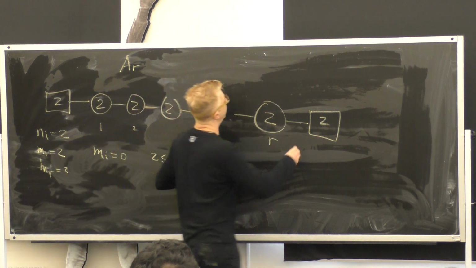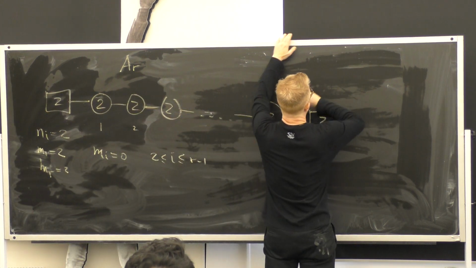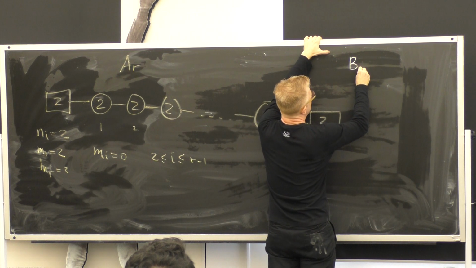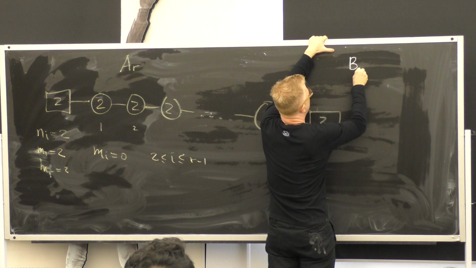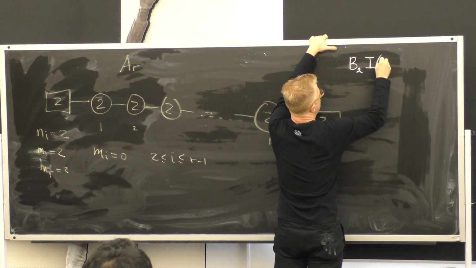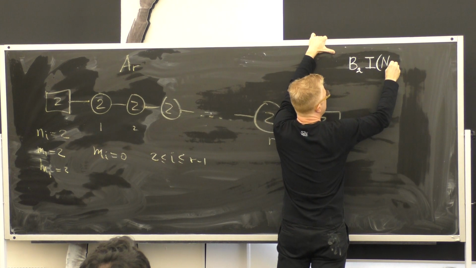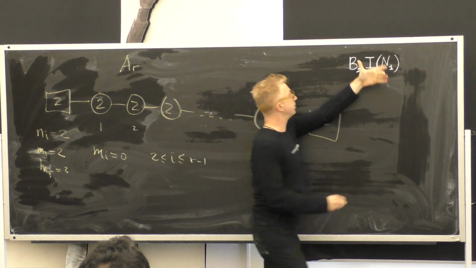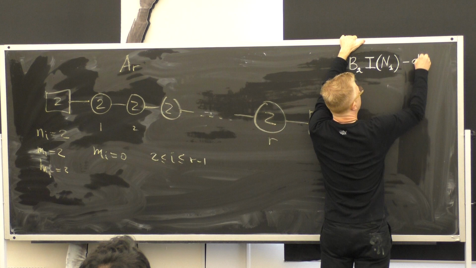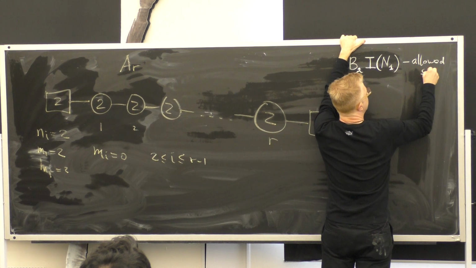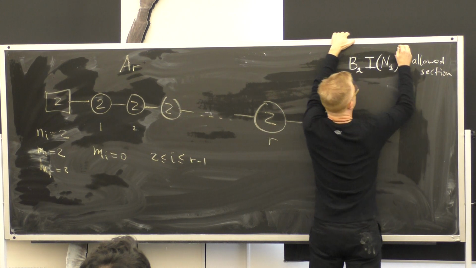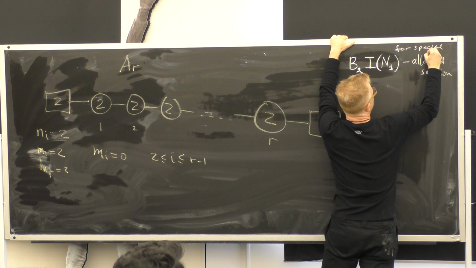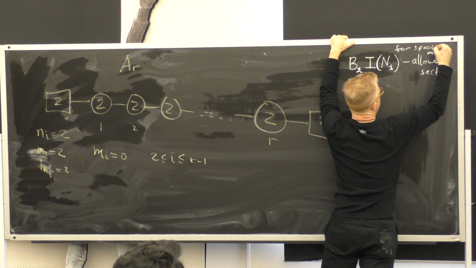So in the example of, let's say, the ADHM construction, sometimes you can choose the masses such that B2 applied to I of one of the eigenspaces of n becomes an allowed section, for special masses.